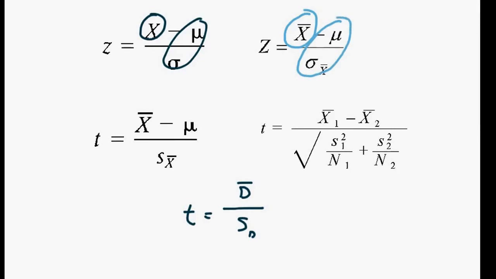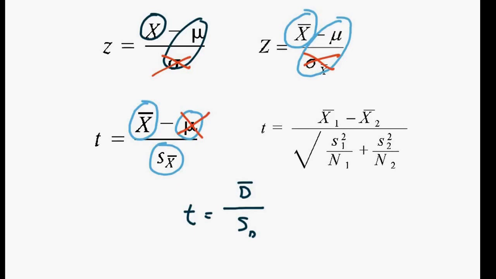However, if we were missing the population parameter of sigma, then we progressed to t, where we are once again looking at the difference between a sample and where they fell relative to a population using an estimate of sigma. But if we were missing even mu from our experiment, and we had to introduce a control group, we could once again calculate t, where we compare two sample means instead of a mean and a population mean.